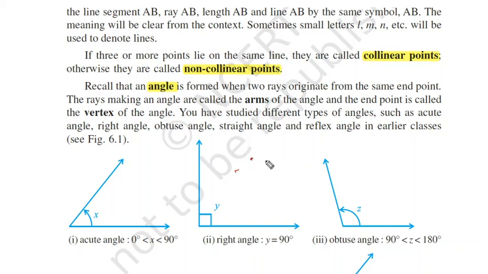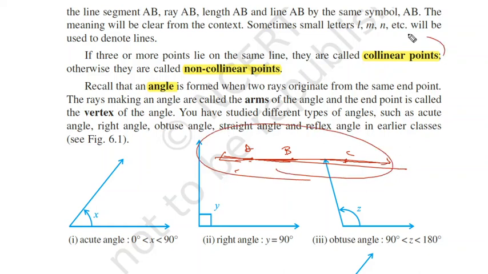But if you draw 3 points like this, point A, point B, point C, and draw a single straight line, you can see points A, B, and C are falling on a single straight line. So we can call them collinear points. What are collinear points?